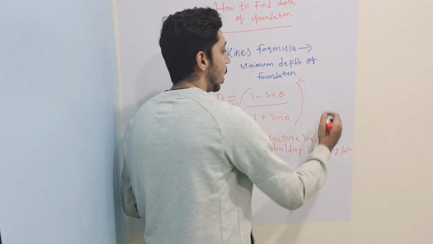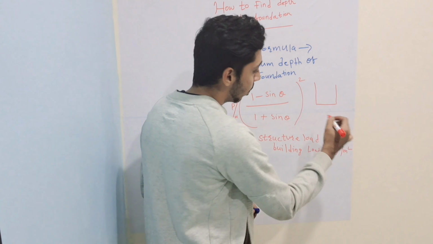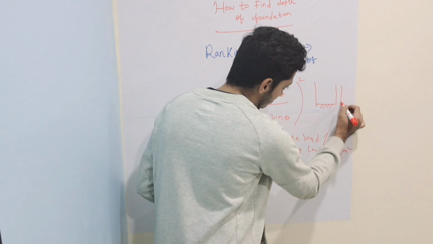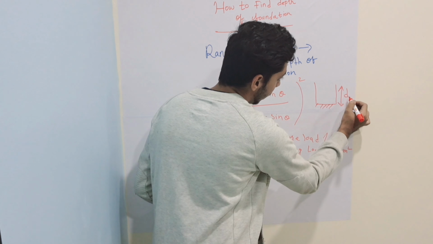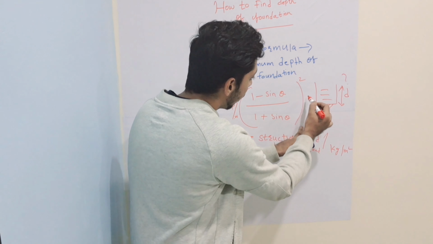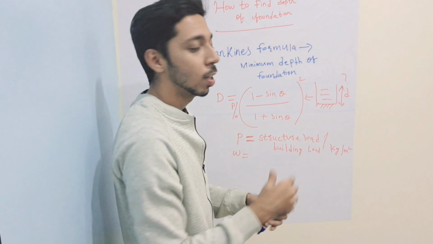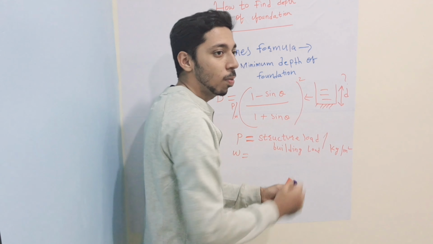What I am trying to say is there is a foundation. How to determine the depth of the foundation? That's my question. For that we use this formula, Rankine's formula.